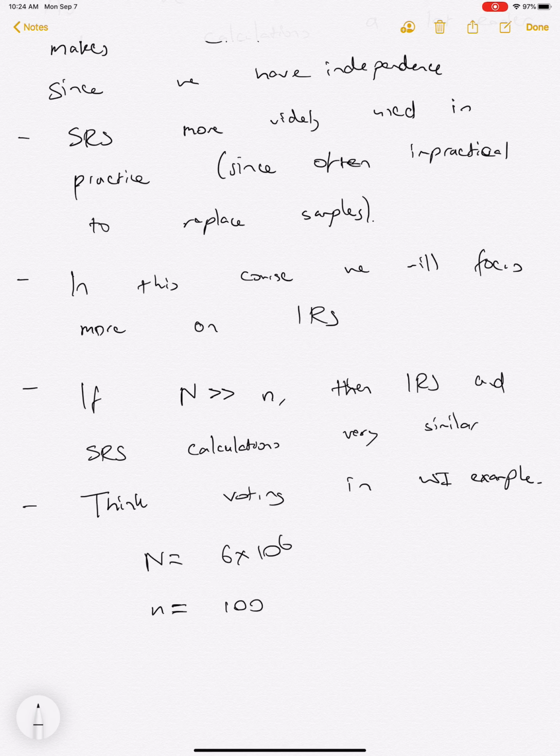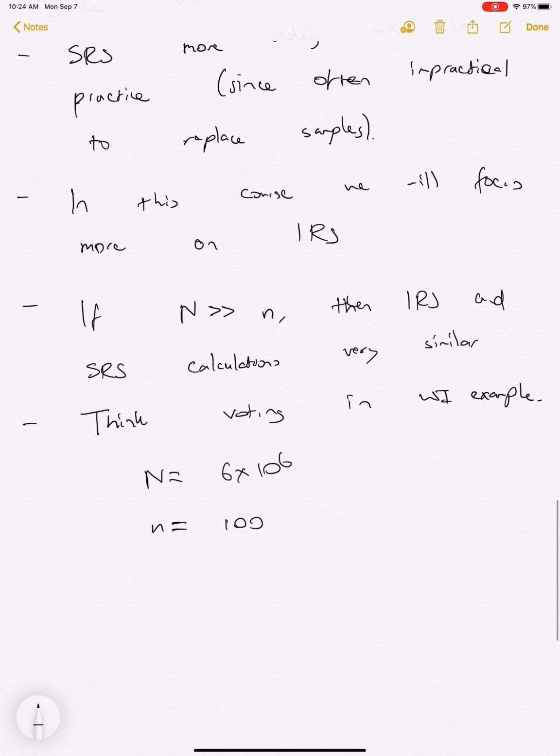That's why SRS is used more in practice. But on the other hand, if the population size is about 6 million or 5.8 million, and your sample size is 100, there's very little chance that you're going to ask the same person twice anyway. So the calculations you get from IRS and SRS are going to be very, very close. We're going to see that in the calculations that we do.